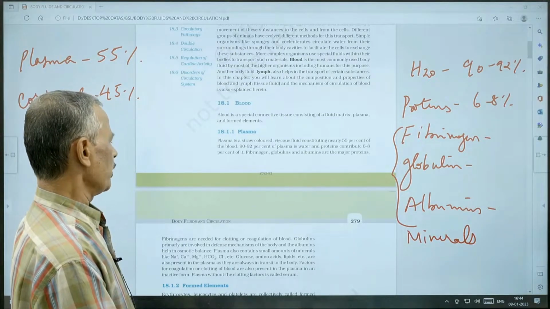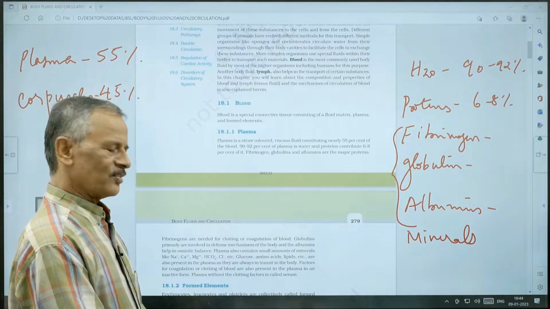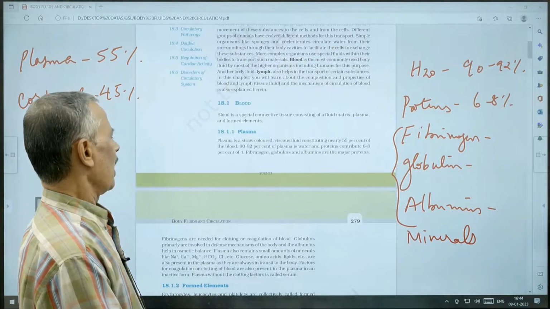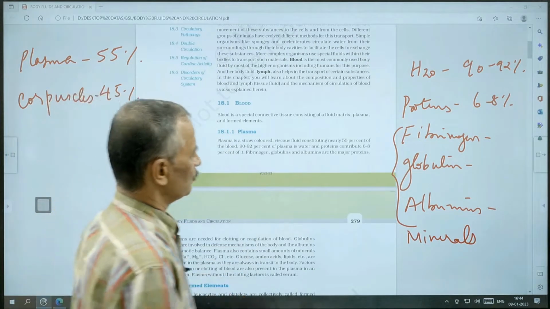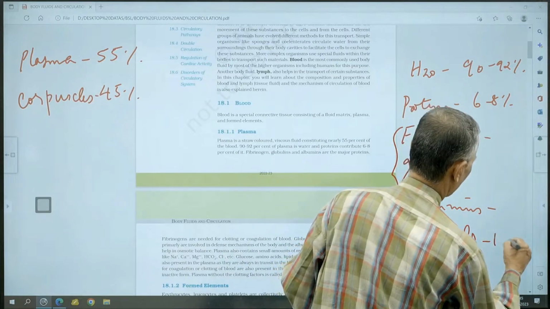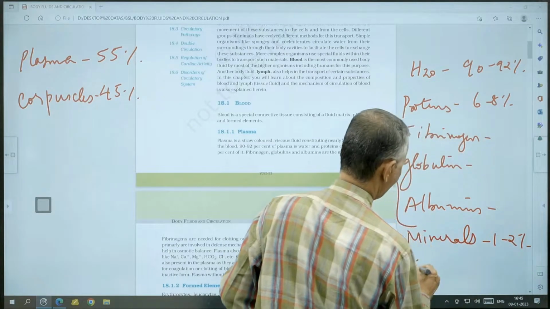So urea is also present in it, and others. Minerals are 1 to 2%, and others.